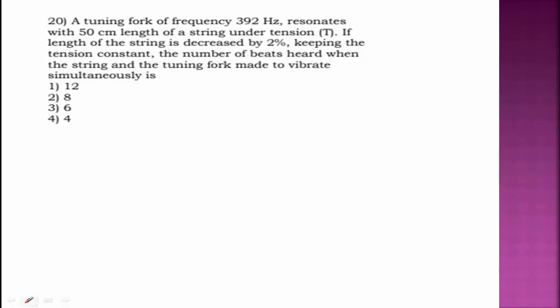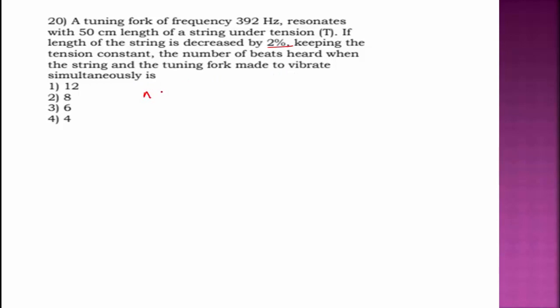Then the next question: a tuning fork of frequency 392 Hz resonates with the 50 centimeter length of a string under tension T. If the length of the string is decreased by 2%, keeping the tension constant, the number of beats heard when the string and the tuning fork are made to vibrate simultaneously.